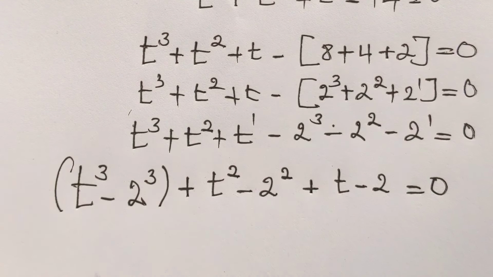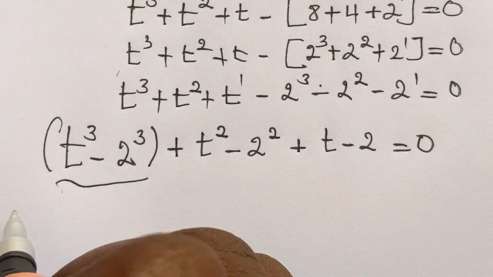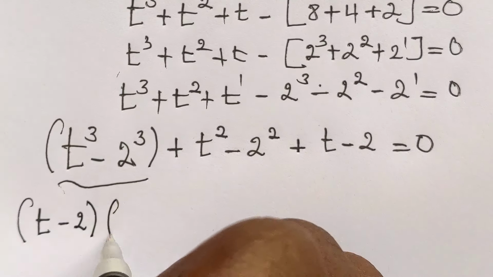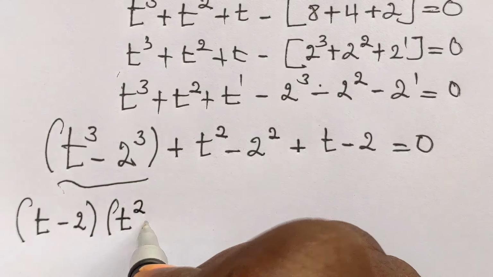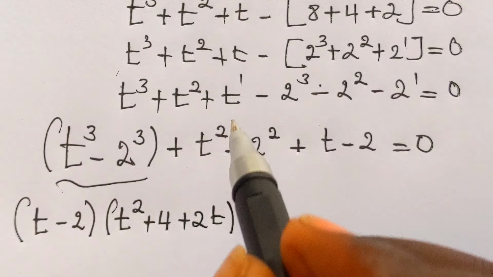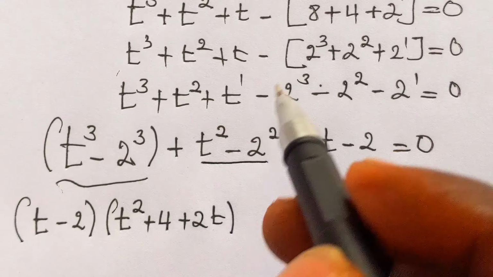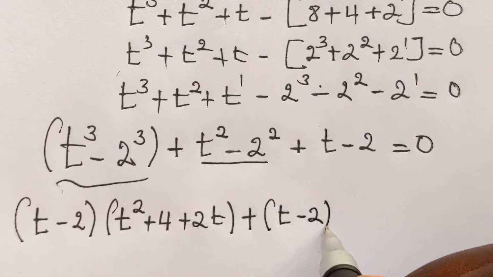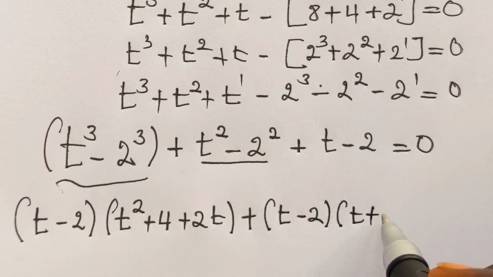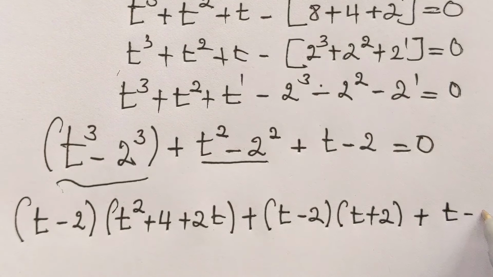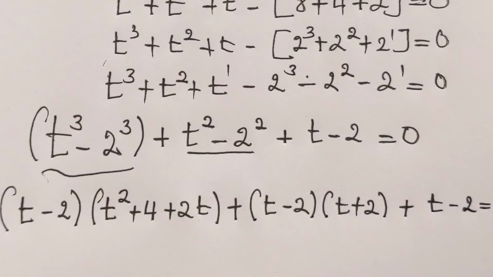Okay, and then at this stage this one can be written as (t minus 2) times (t squared plus 4 plus 2t), and this is the difference of two squares where we have (t minus 2) times (t plus 2), and plus this one, t minus 2, which equals 0.